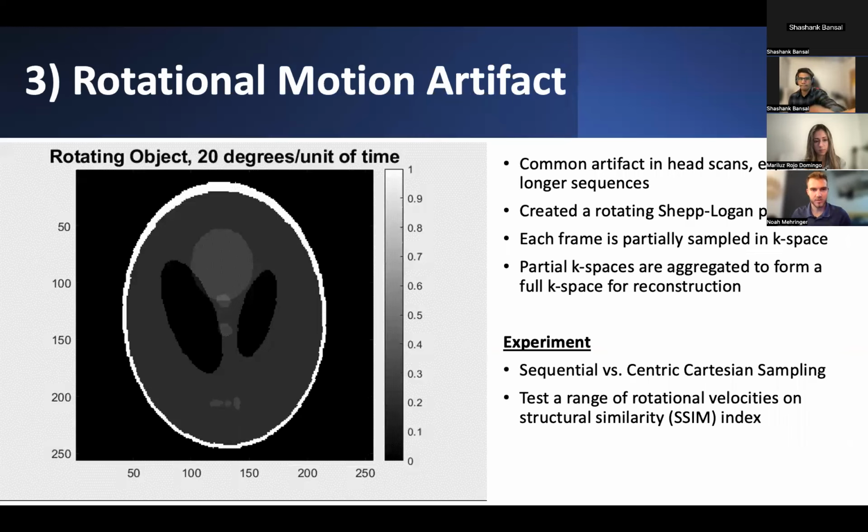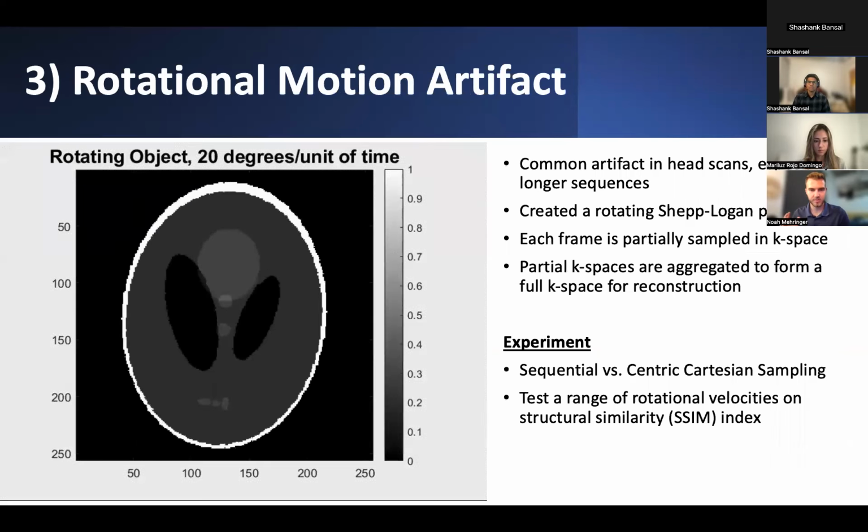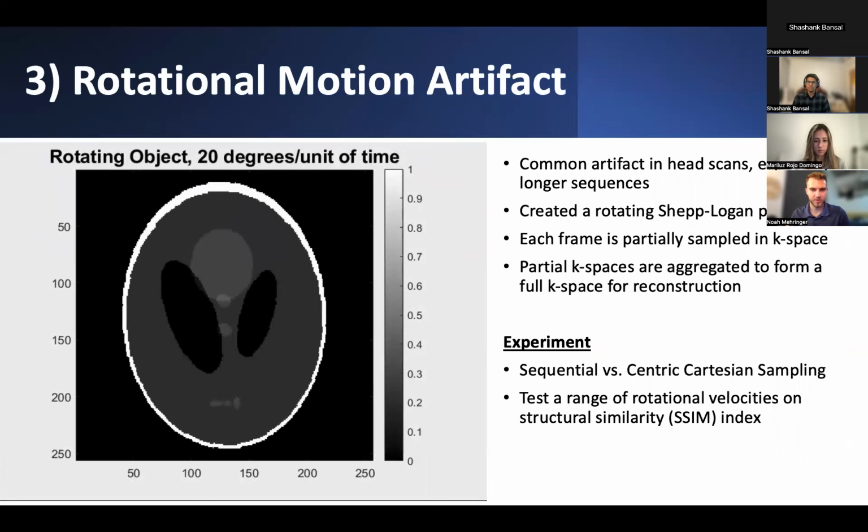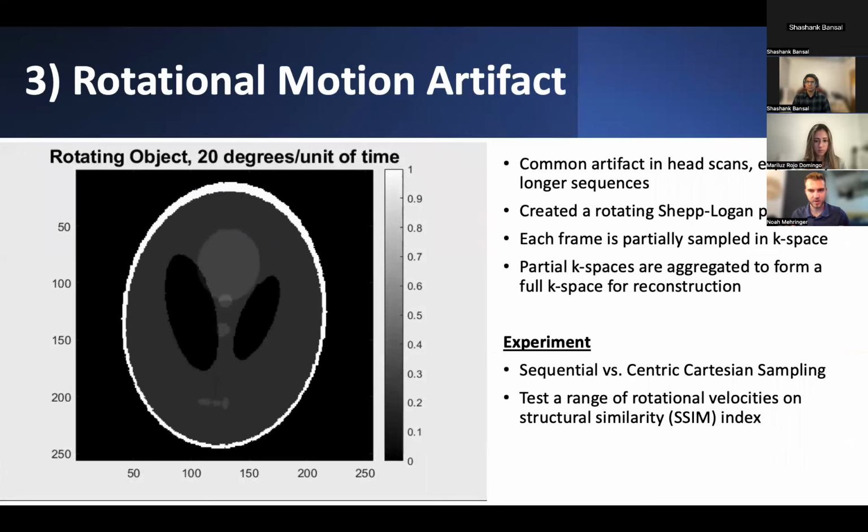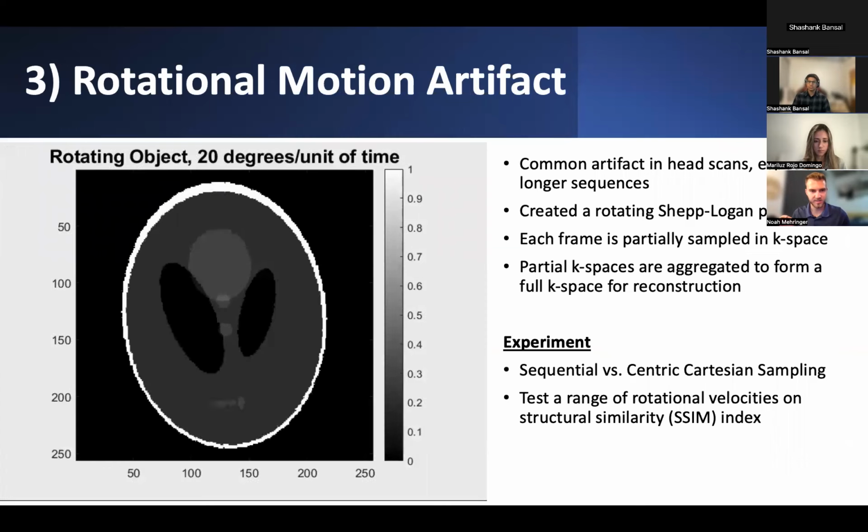Moving on to the next type of motion artifact, we did a rotation artifact. This is a really common artifact in head scans, with the patient's head being able to rotate side to side. We simulate that with the Shepp-Logan phantom that's rotating. How we create the motion artifact is that we take each frame and partially sample it in K-space.